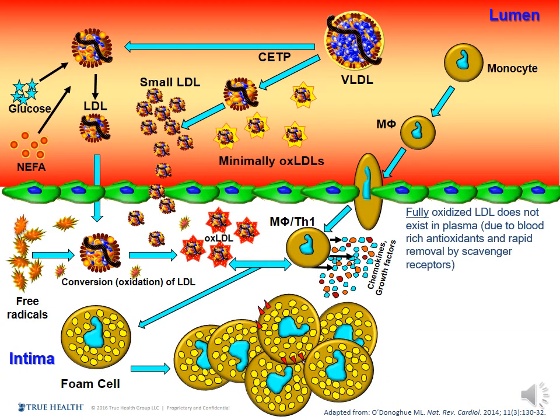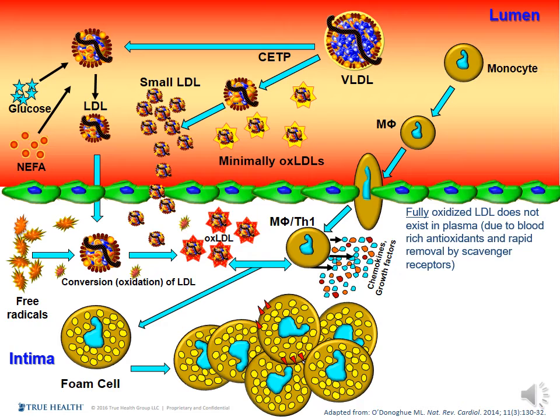So back to atherogenesis, and this is a similar graphic to the first slide of the lecture. You see the ApoB circulating particles, you see monocytes in the plasma, and you see other factors that might affect LDL or ApoB particles, such as glycation or other fatty acids that exist in plasma as components of albumin.